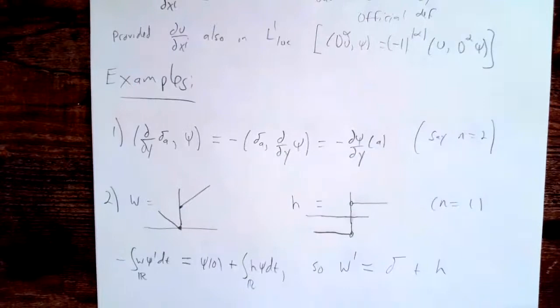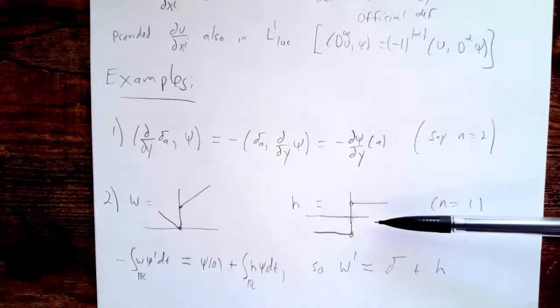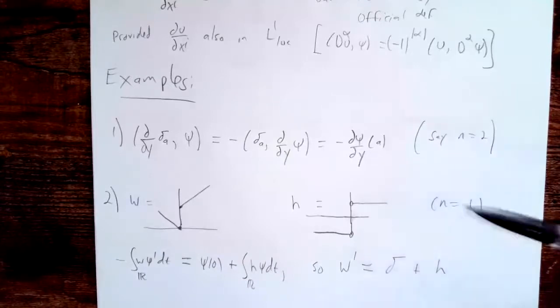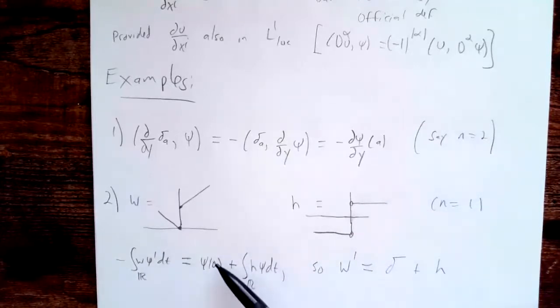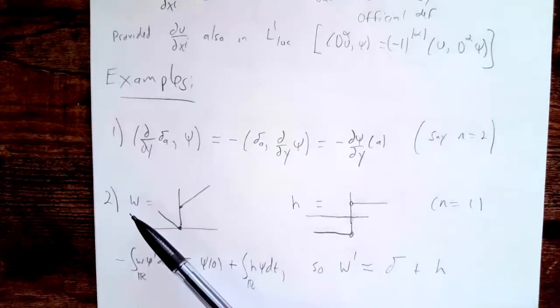Well, this part was the thing that precluded the existence of a weak derivative, meaning it's not true that there is a single function h that I can integrate against to give me the answer. When you're first getting into this, you might think that h is the weak derivative and therefore the distributional derivative, but it's not, because when you work this out, you get that term. So therefore, W has no weak derivative.